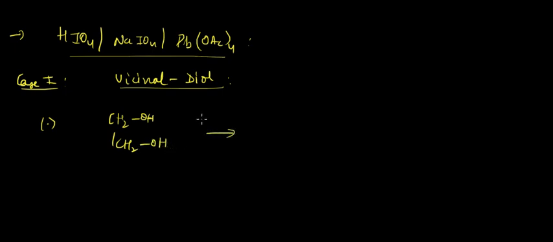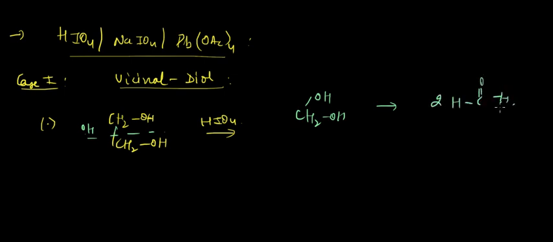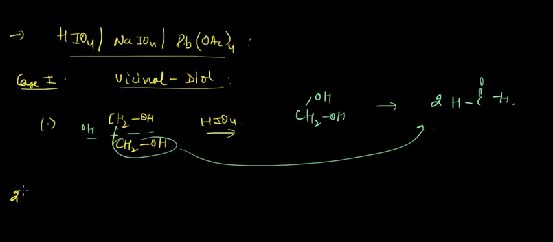So what will happen in presence of HIO4 is that it will break the bond and it will add OH here, so we'll get CHOH, which will then be converted into 2 moles of HC double bond O. Okay, similarly for the lower one, we are getting 2 moles of HCHO.